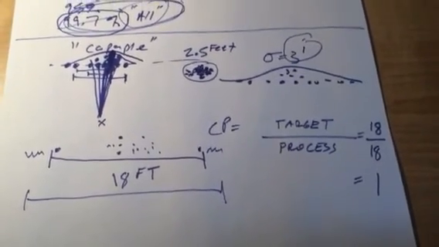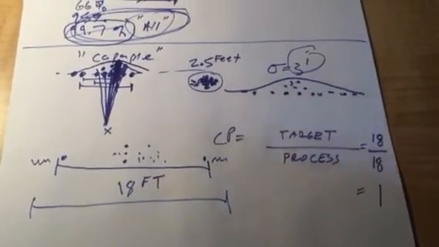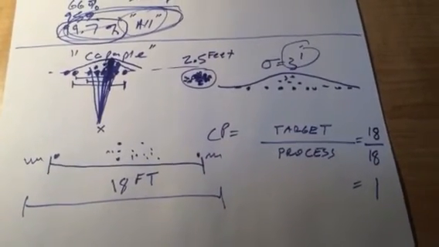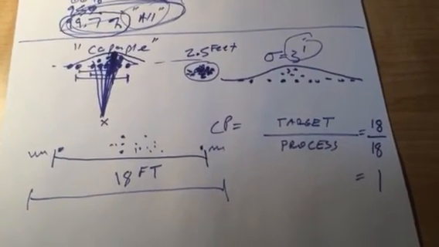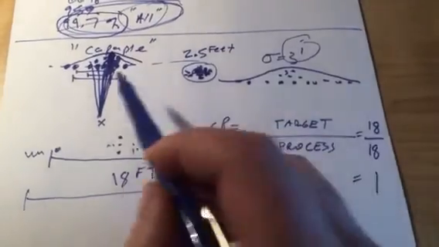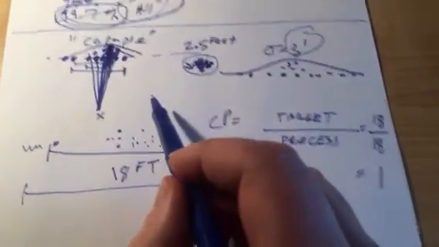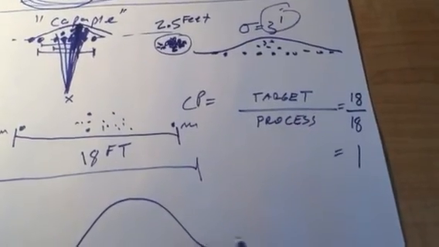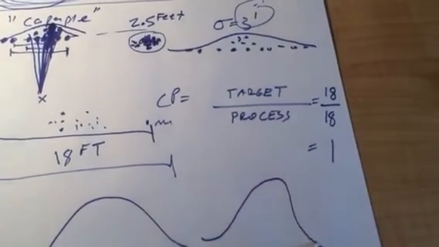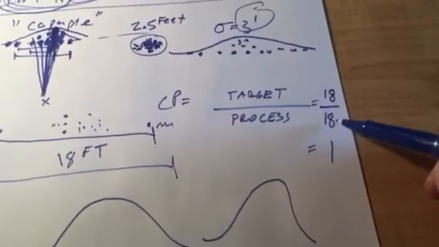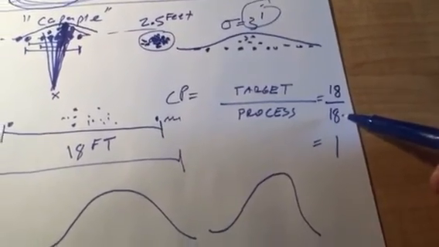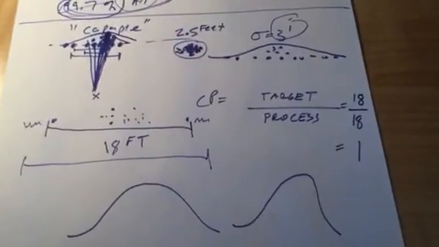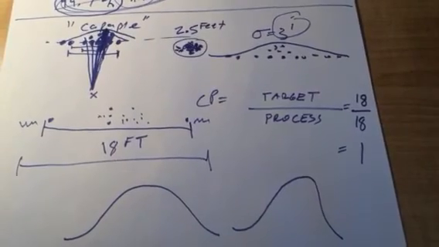If we could do something with our kicker, maybe replace the holder or something like that, to reduce this spread, get it looking less like that and more like that, what would that do to the equation? That would decrease the denominator, and that would be good too. That would also increase the process capability.